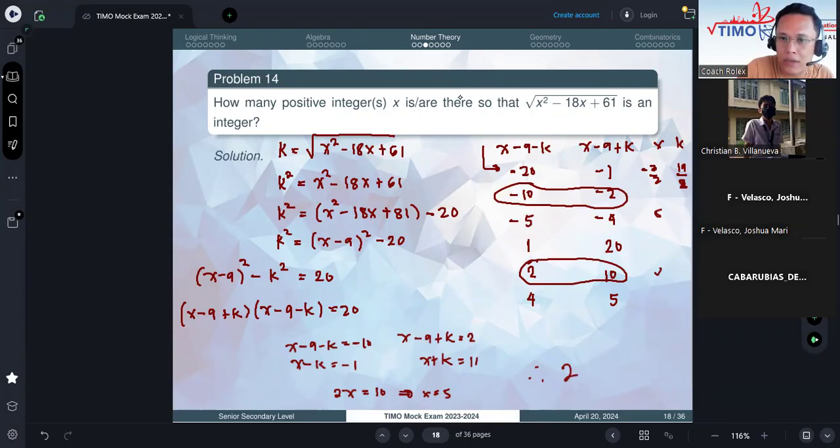You can have that one for these cases of values. Any questions? Okay, none.